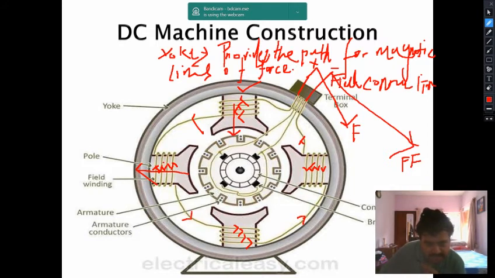Similarly, in this particular case, if you orient your thumb like this in the direction of the current, your magnetic field will be in the upward direction.